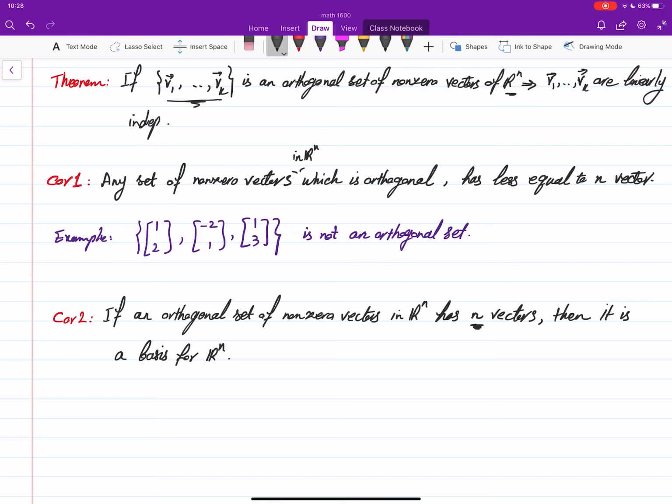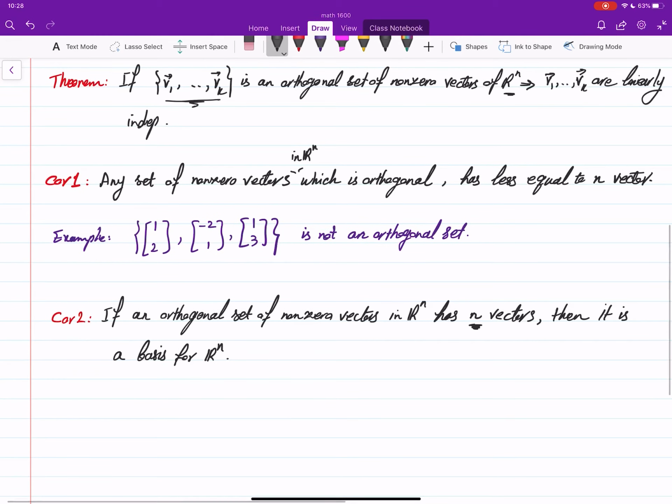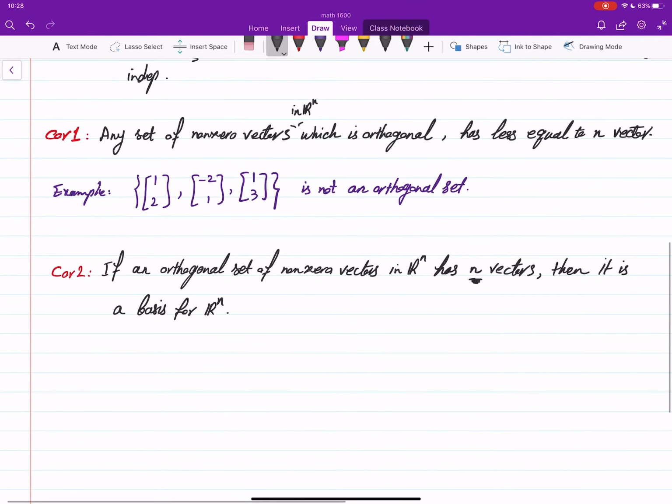They are linearly independent and they have exactly n vectors. Any set of linearly independent vectors with n vectors in Rn is a basis. These kinds of bases have a name, so let me write the definition.